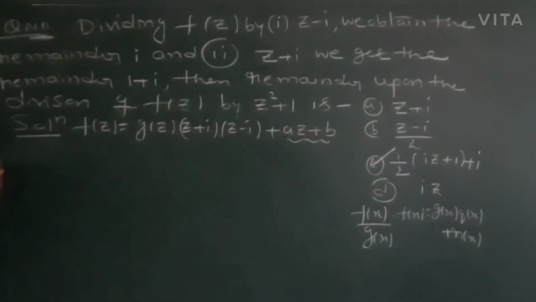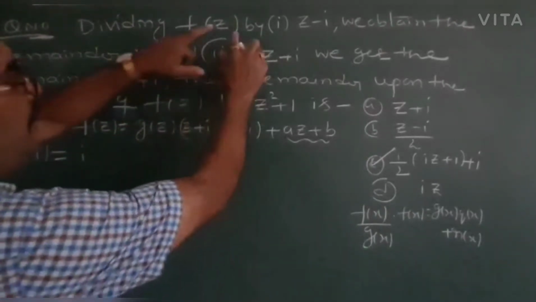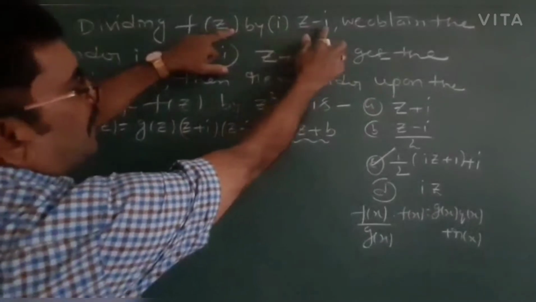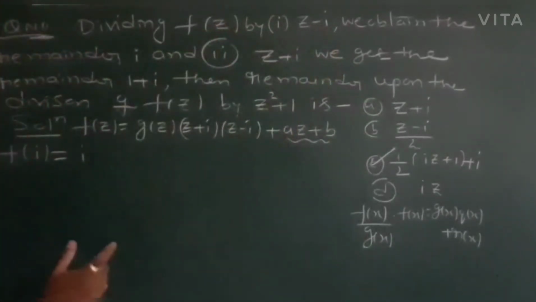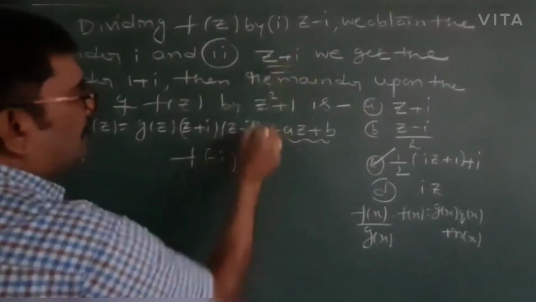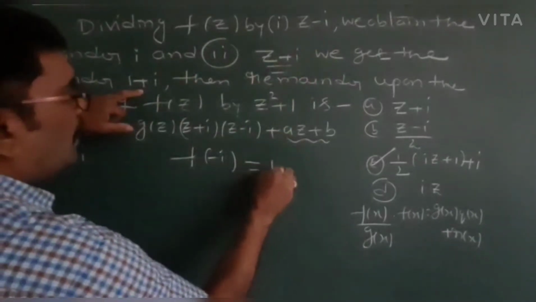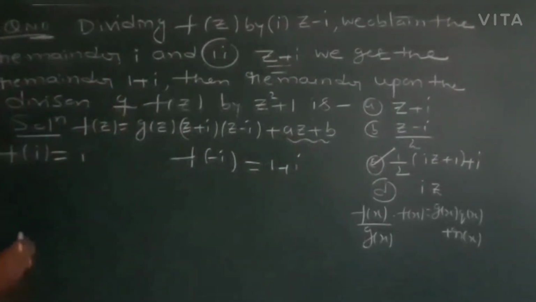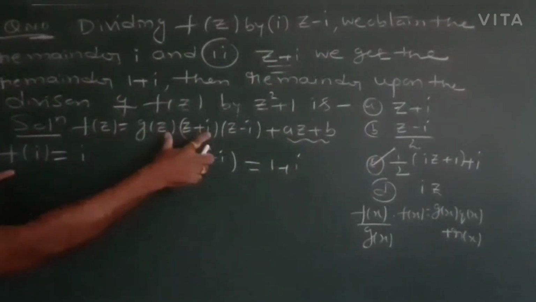By using the given data, dividing f of z by z minus i, by the remainder and factor theorem, f of i is equal to i. Similarly, f of minus i is equal to 1 plus i. Take these values and substitute here.